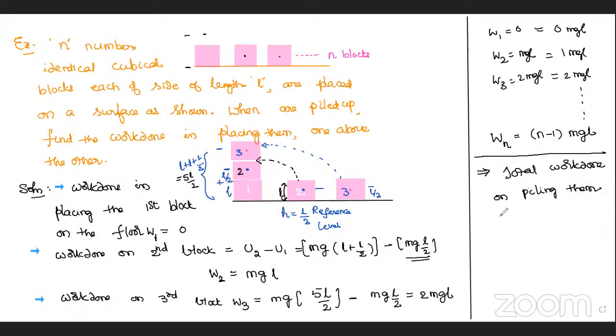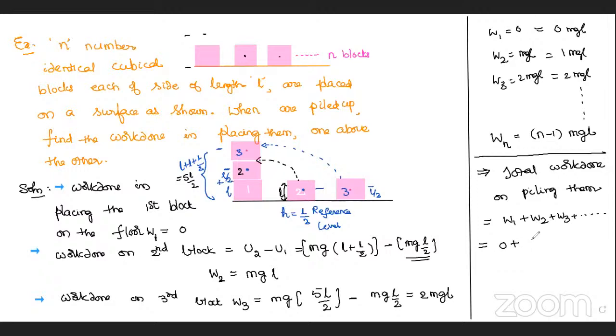Total work done equals W1 plus W2 plus W3 and so on. In W1, this is 0. In W2, this is 1 mgl.